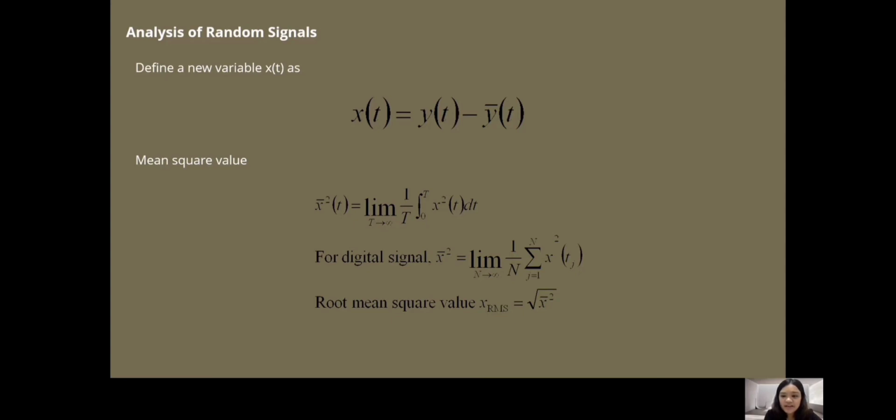For our digital signal, x bar squared is equal to the limit of 1 over N as N approaches infinity, and the sum from i equals 1 to N of x squared t i. So for our root mean square, the value of our root mean square x is equal to the square root of x bar squared.